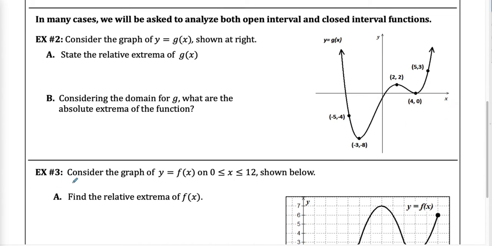Sure, let's just do a couple of these. Looking at that picture, is that an open interval or a closed interval? Open. It doesn't give us any numbers though, so how do we know it's open? Okay, that works.